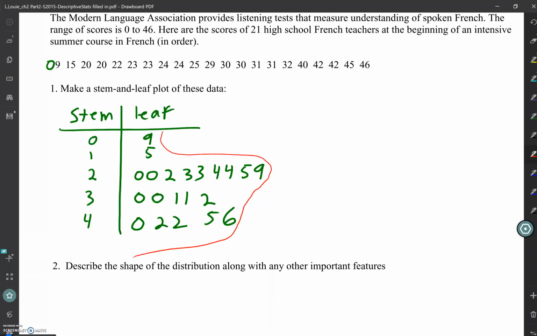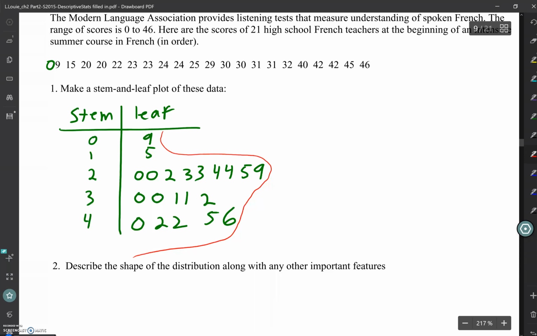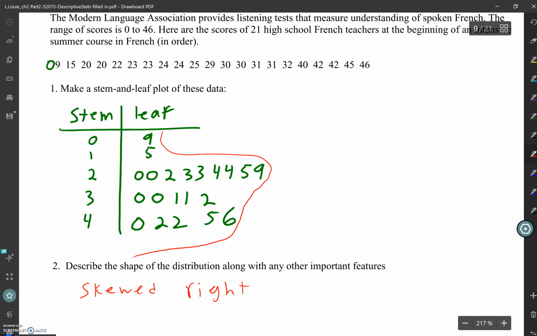So, we already kind of answered the second part. We want to describe the shape of this. We would say skewed right. And you kind of have to think about, actually, if I turned it, I can't really turn it. The smaller numbers would be the direction we're tailing off to. So is that right or is that left?